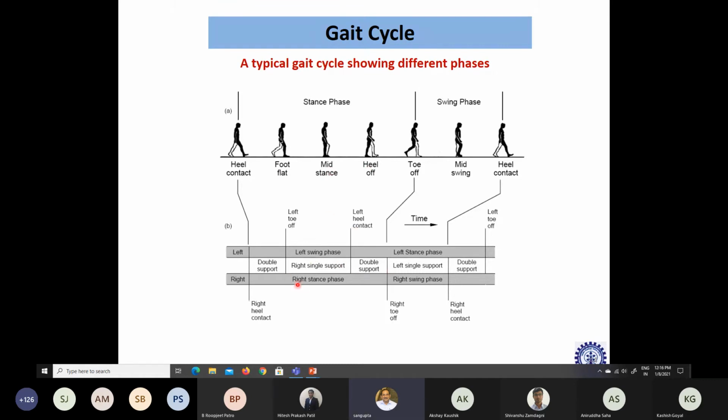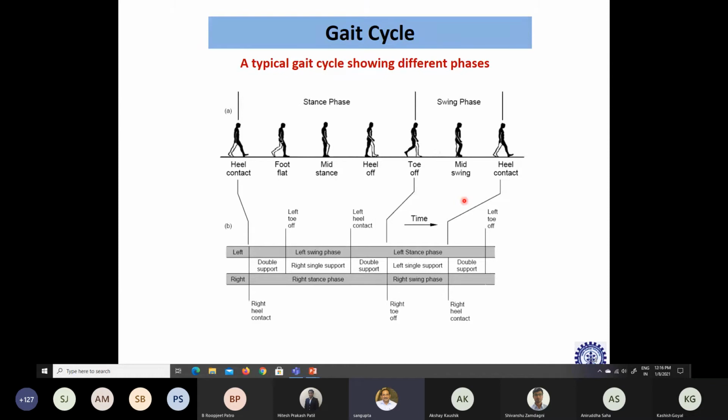When the right leg is going through the stance phase, the left leg is going through the swing phase. And when the right leg is going through the swing phase, the left leg is undergoing the stance phase. So you have to look into this gait cycle. We will discuss it more again because there is a lot of kinematics involved in this.